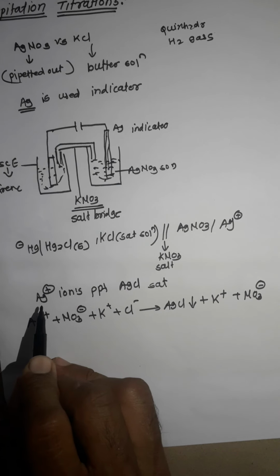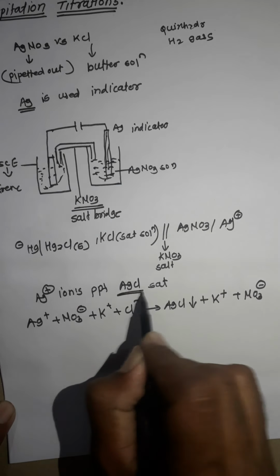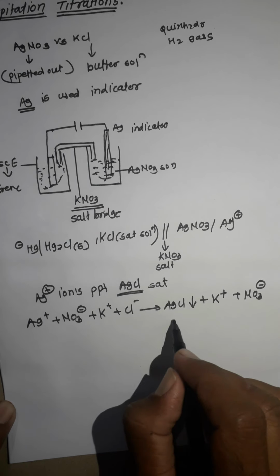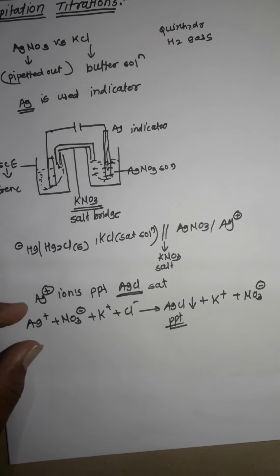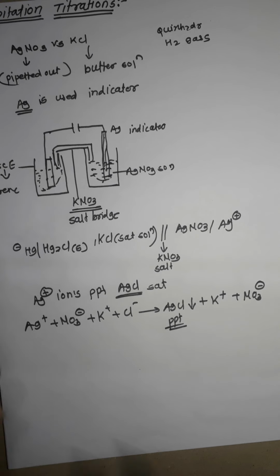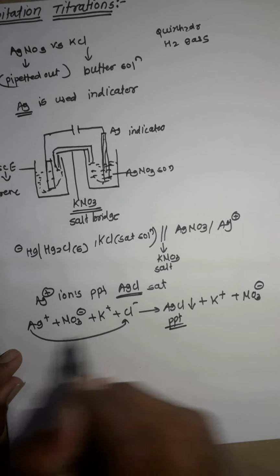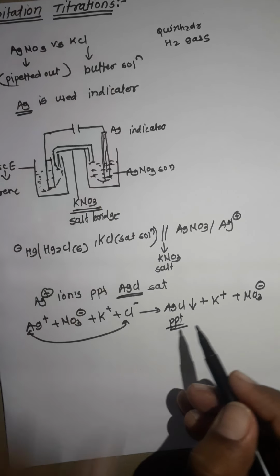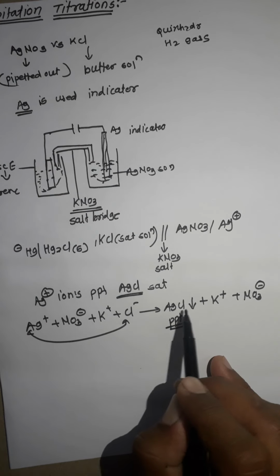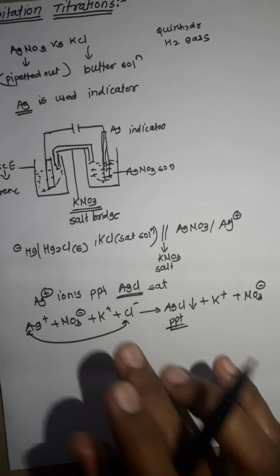It means the silver ions are precipitated as AgCl salt: the Ag+ ions react with the Cl- ions to form AgCl. This is the precipitate formed in this precipitation titration.